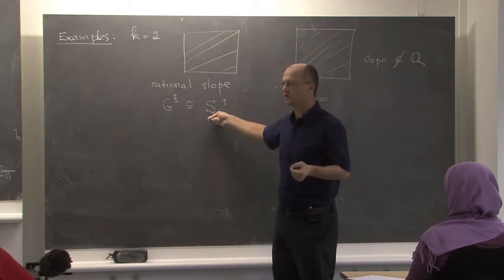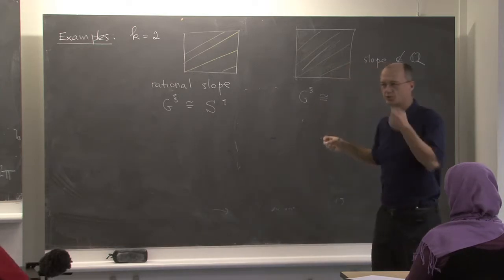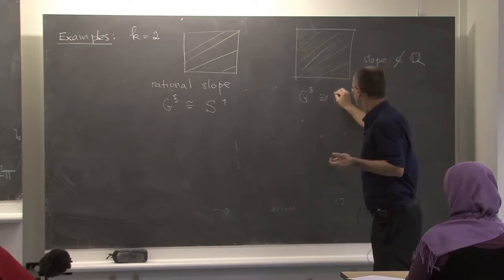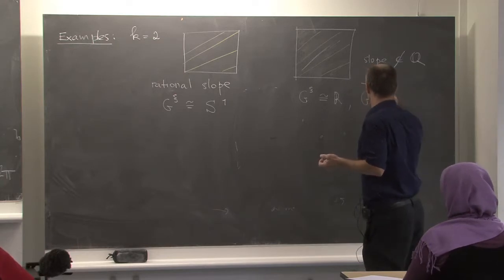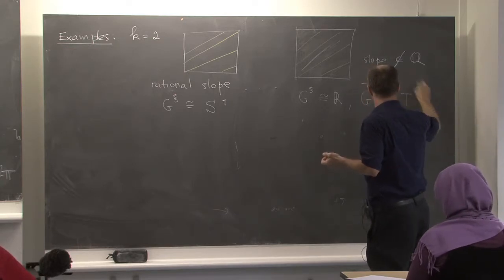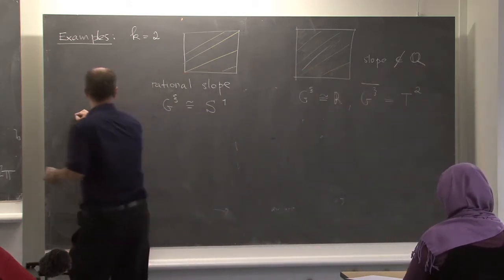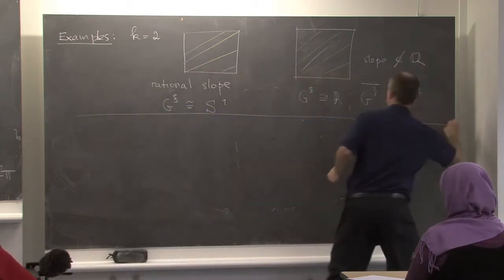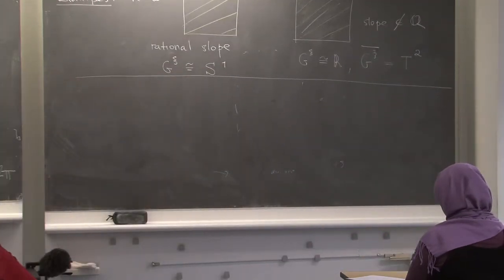Here it was isomorphic to the circle, and here it will be isomorphic to what? R, just R, exactly. And its closure will be the torus T2. So that's just to recall those simple things.